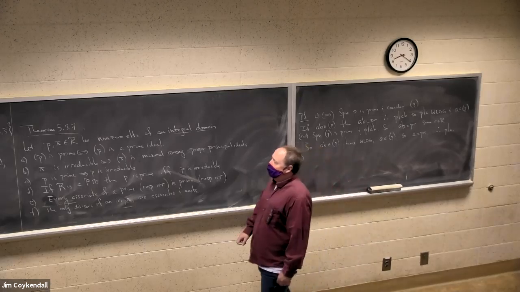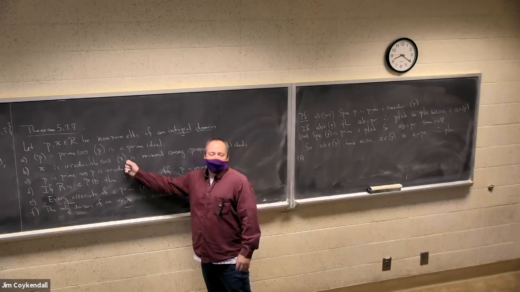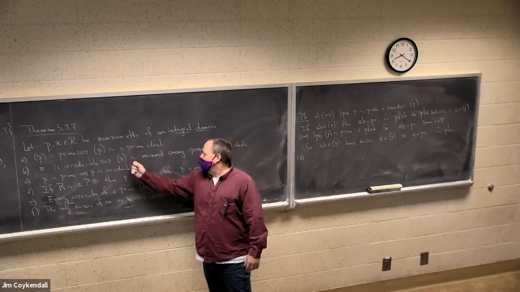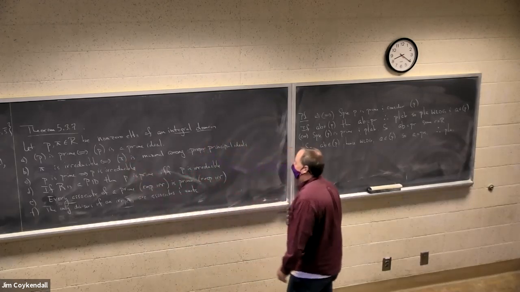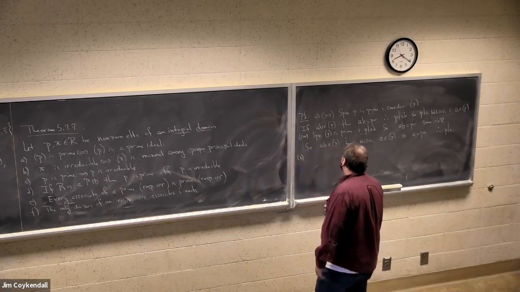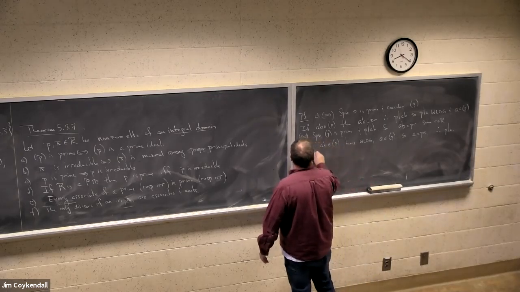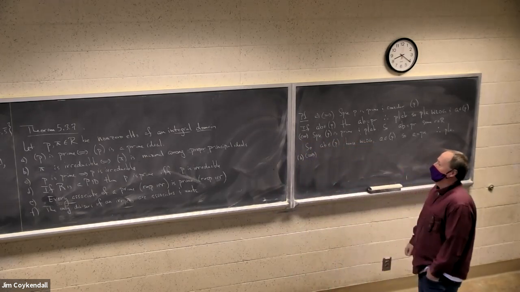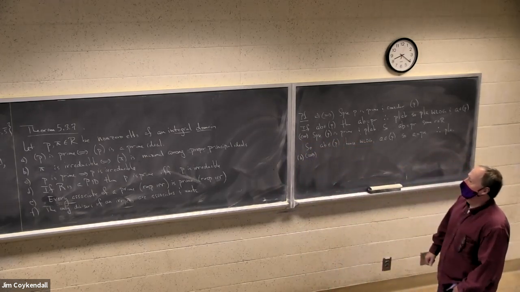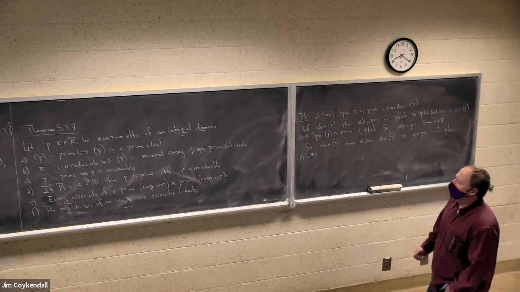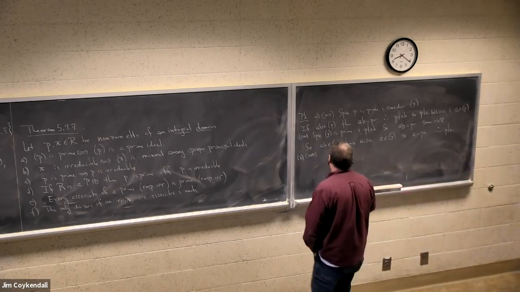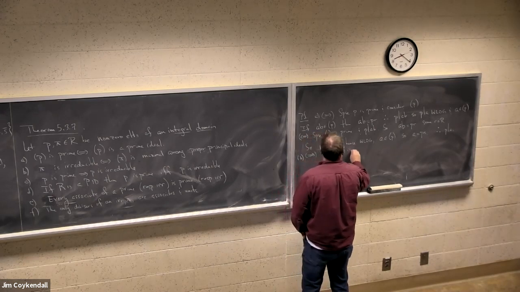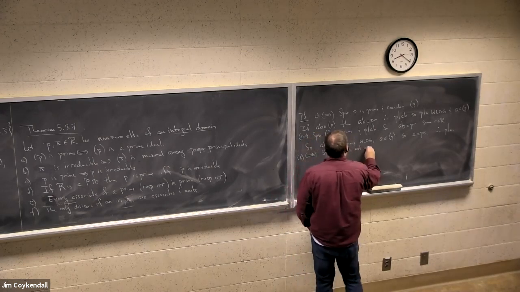And I do mean proper because one ideal that will contain it will be the whole ring, which is generated by one. But any proper ideal that contains it can't be principal. So let's do the contrapositive here. Suppose it's not maximal.